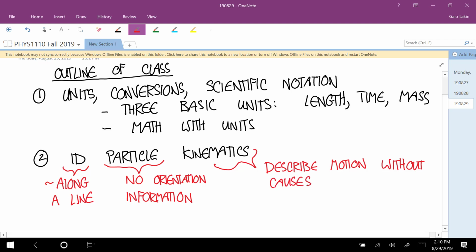The things that we are going to care about are time, position, velocity, and acceleration.